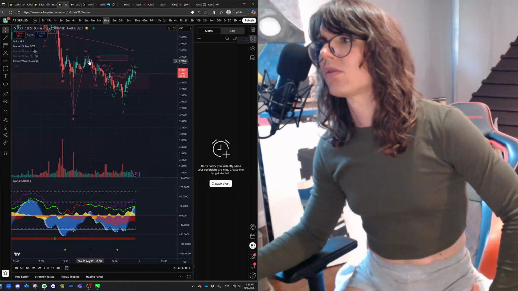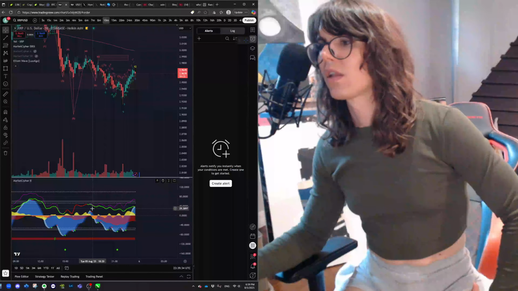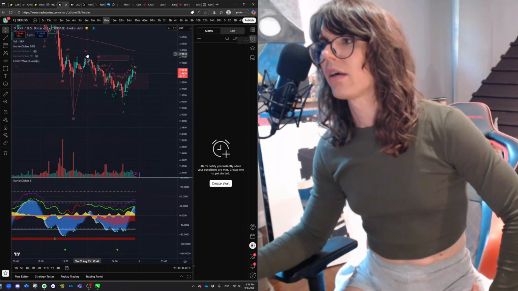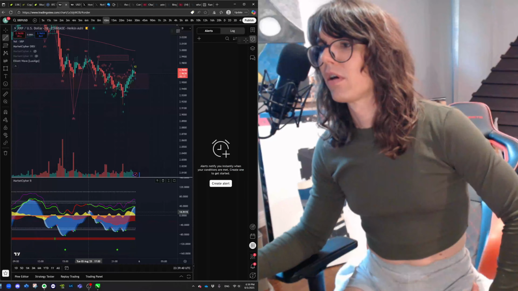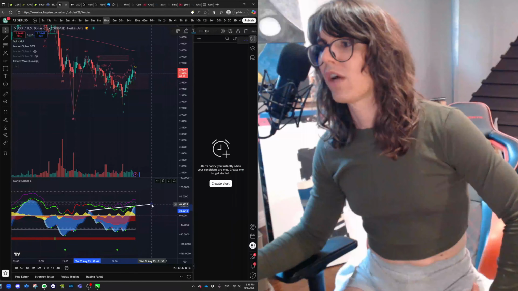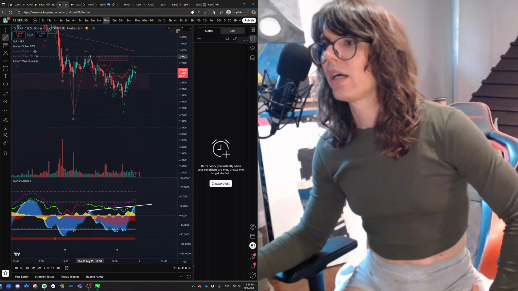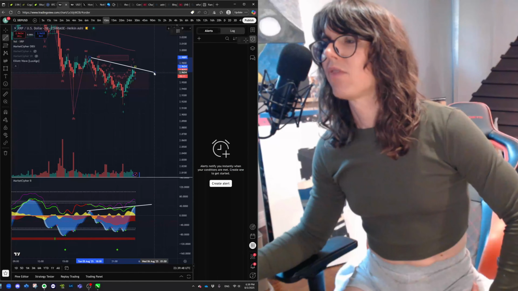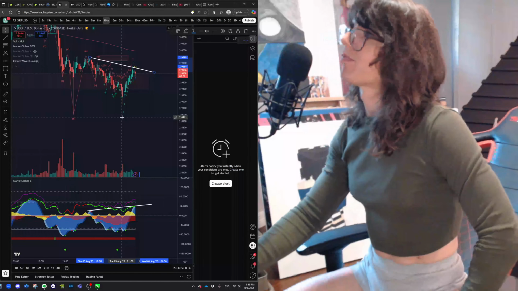This one is lower. This is higher. So that's a hidden divergence. When you have on the 10 minute, you've got this, and where's that? And you've got price action doing that. There's your hidden divergence.